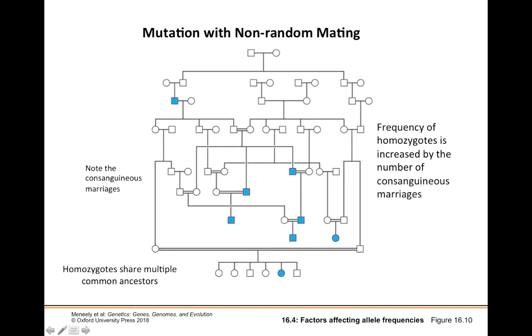So we can look at a complicated pedigree like this, and we can ask ourselves, what's the probability that one of these offspring has a particular allele, not because of new mutation, but because this individual got it from some shared ancestor in the past. The way we would have to do this is to say the probability of this individual getting it from its parent is half.